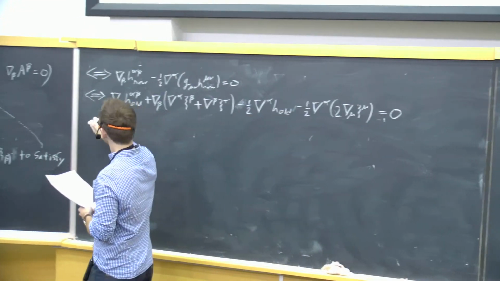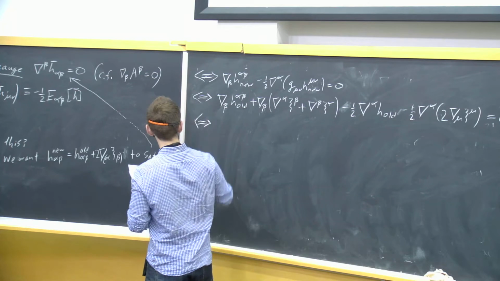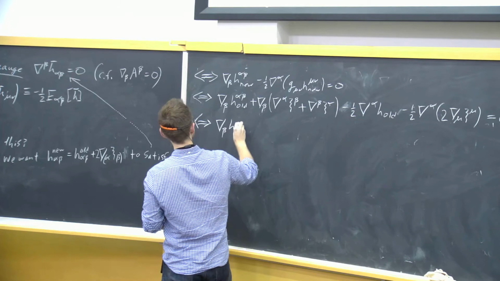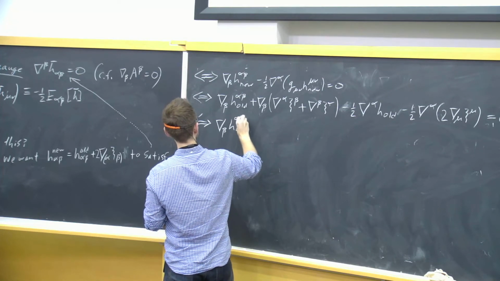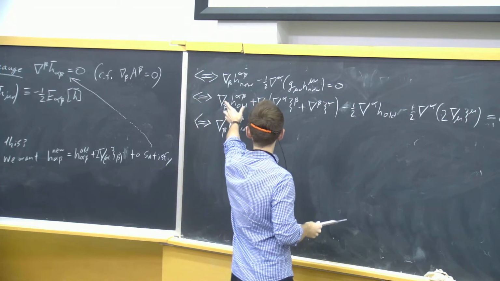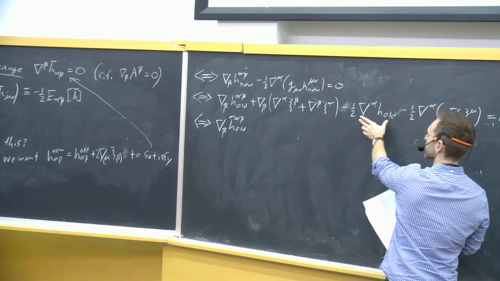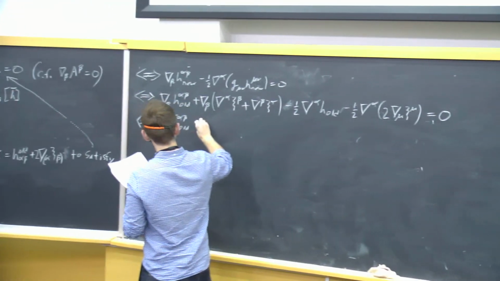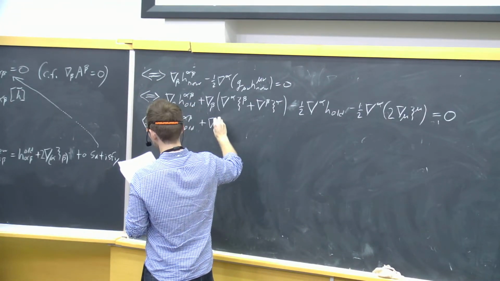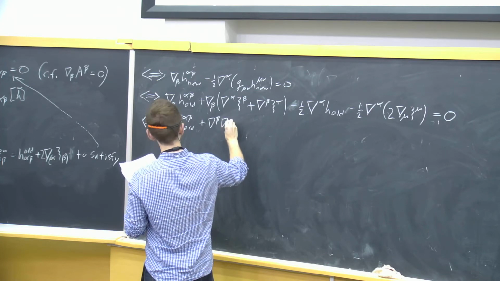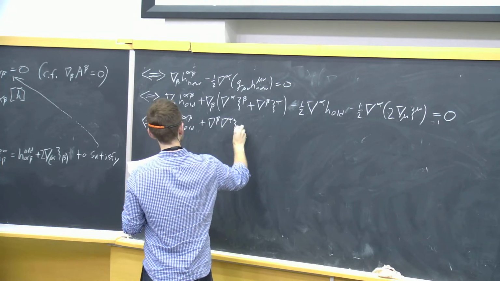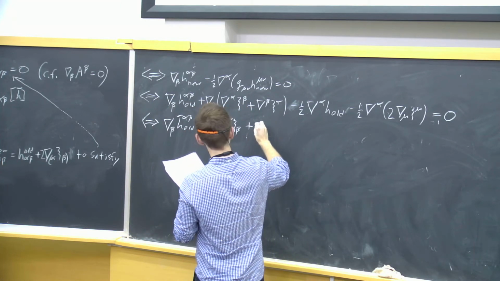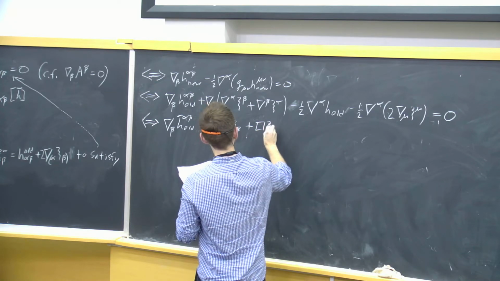Now this is true, so this whole thing's equal to 0 if and only if the divergence of h bar, so I'm combining this with, plus grad beta, grad alpha xi beta, plus box of xi alpha.